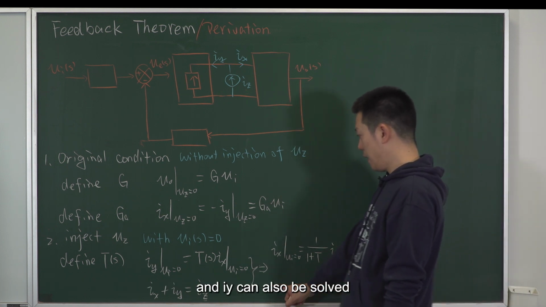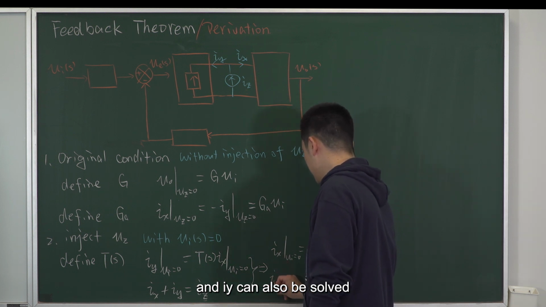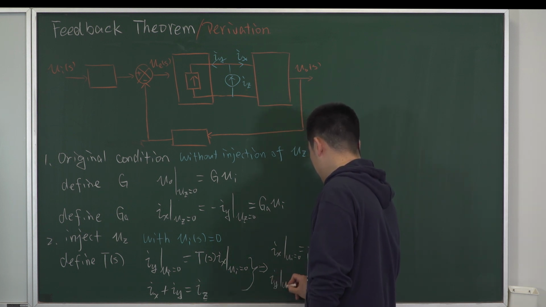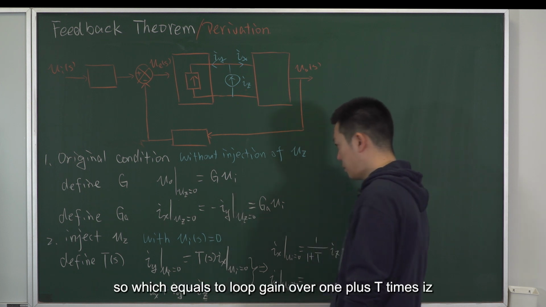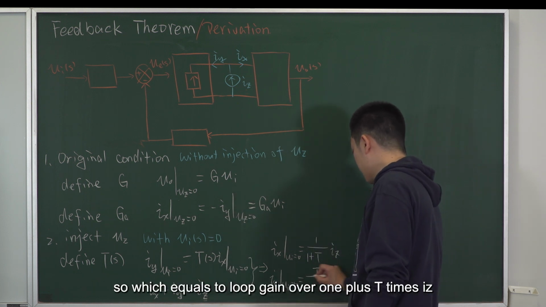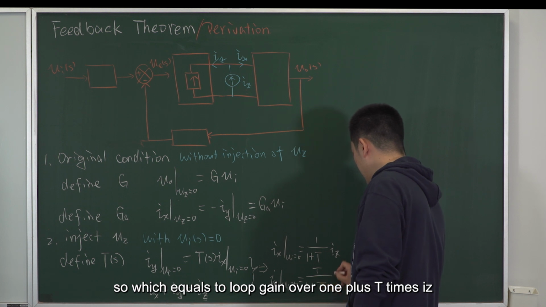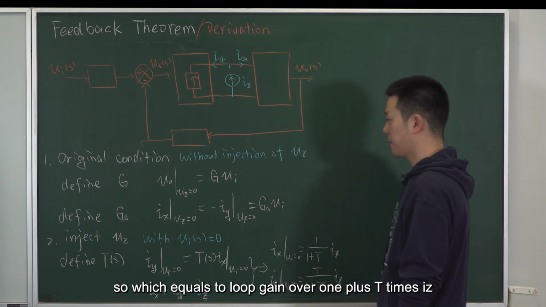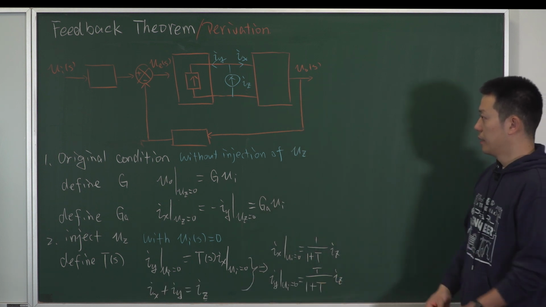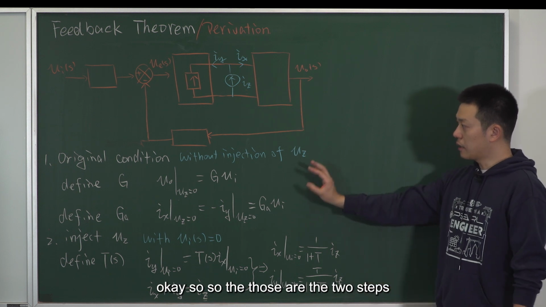And IY can also be solved, which equals loop gain over 1 plus T times IZ. Okay, those are the two steps.